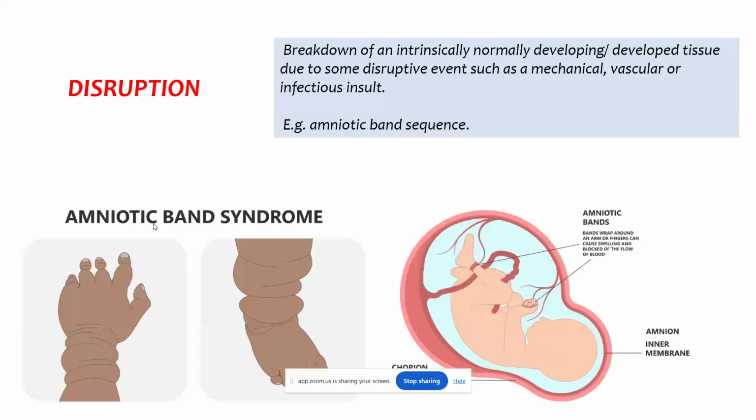The third concept is disruption. Disruption is a breakdown of an intrinsically normally developing tissue, or one which is already developed, due to some disruptive event, which can be mechanical, vascular, or infectious. The very typical example is amniotic band sequence, where an amniotic band surrounding one part of the hand cuts down the vascular supply to the distal part of the limb.